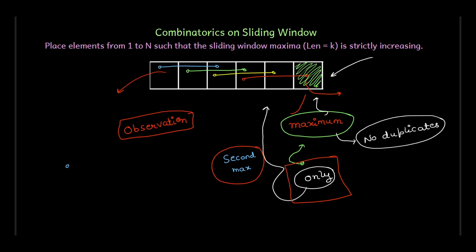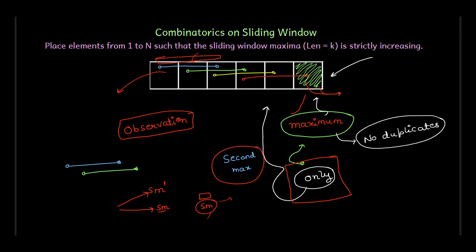When you convert from this blue window to this green window by sliding one element, you would either lose the maxima and go to m dash, which is less than m, or, let's say sm means second maxima, you retain the second maxima by getting an additional copy of the element that you just lost, or the second maxima is an internal element. In either case, your second maxima is retained or it becomes smaller, and both of them are bad for us. Why? Because if the second maxima is in the blue region, it has to be the maxima of the blue region. Why?